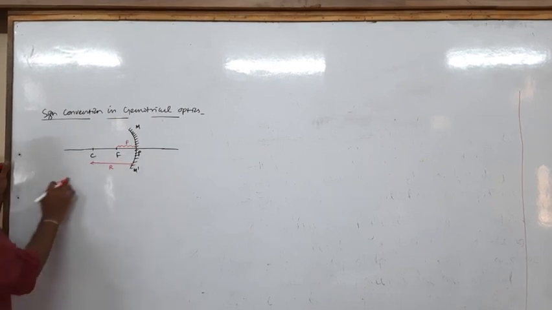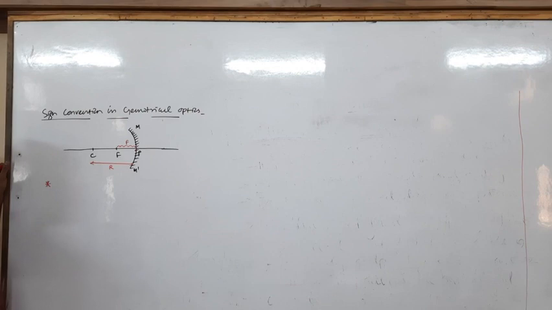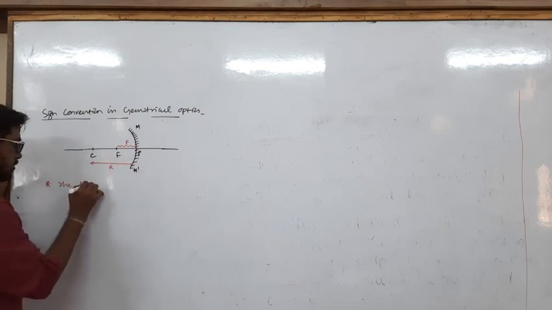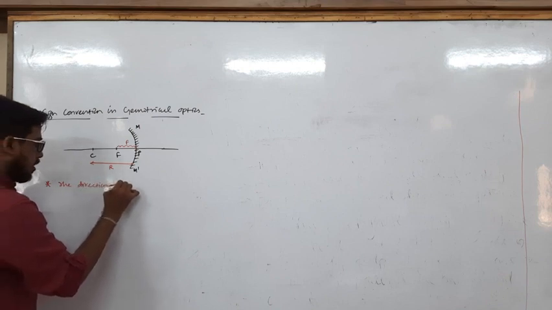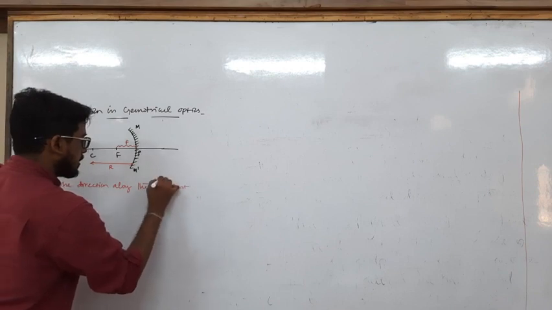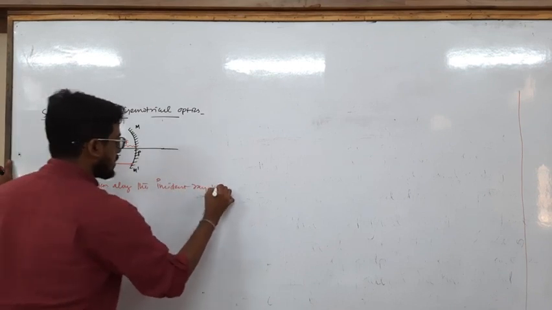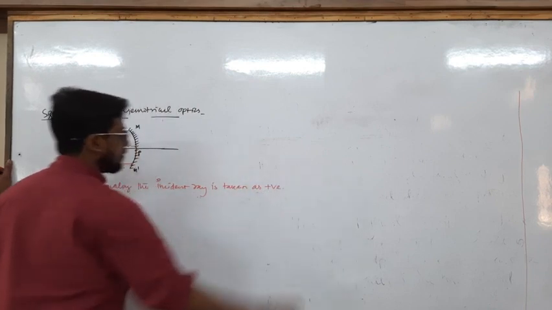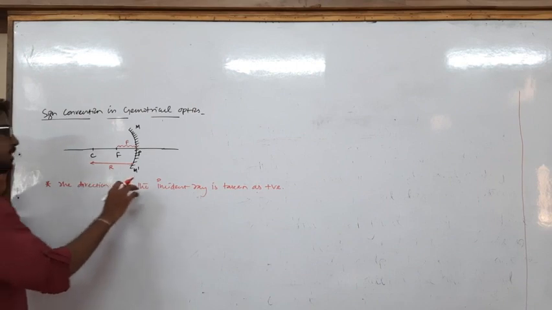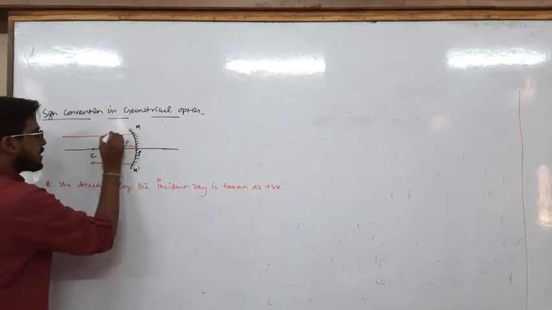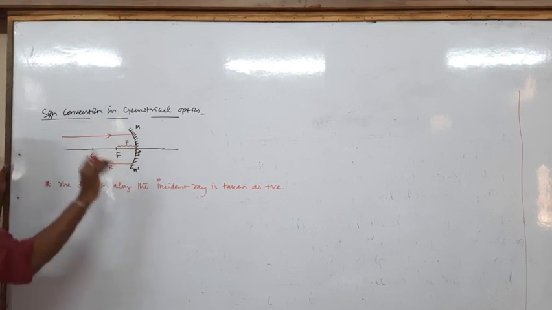Clear? So what is the sign convention? You have to remember: the direction along the incident ray is taken as positive. If the incident ray is traveling along this direction, then this direction will be taken as positive.